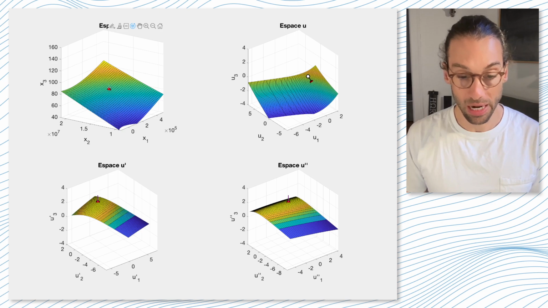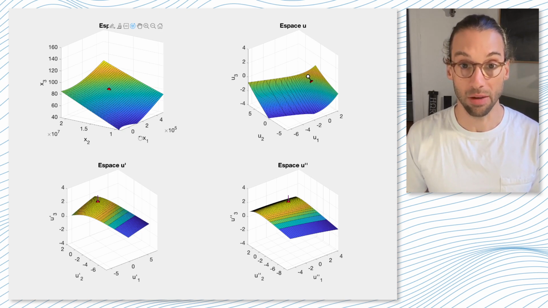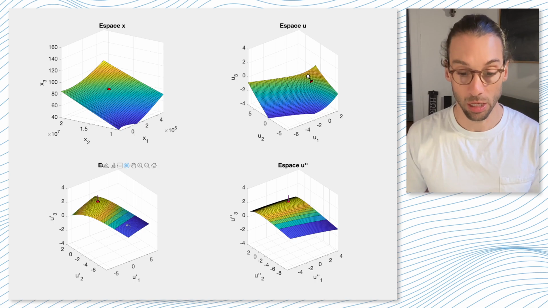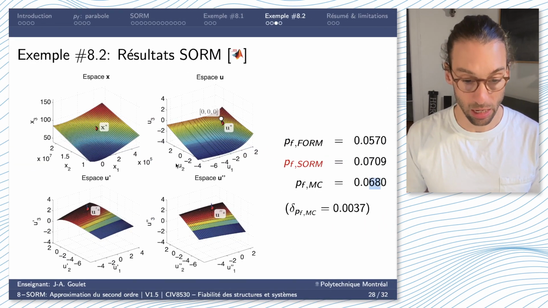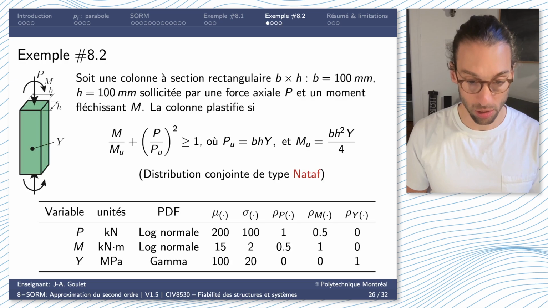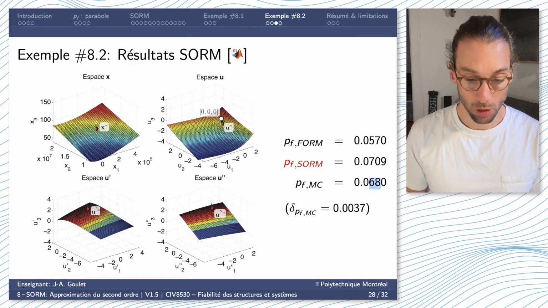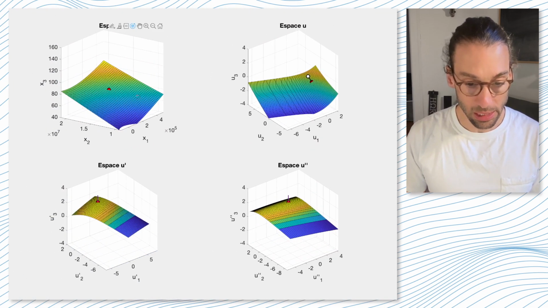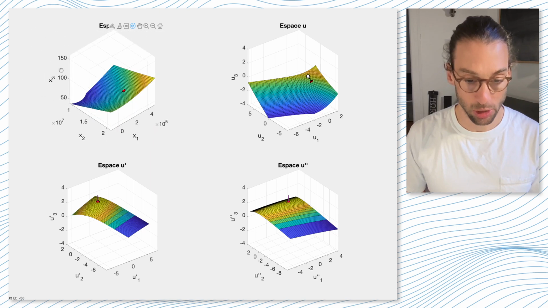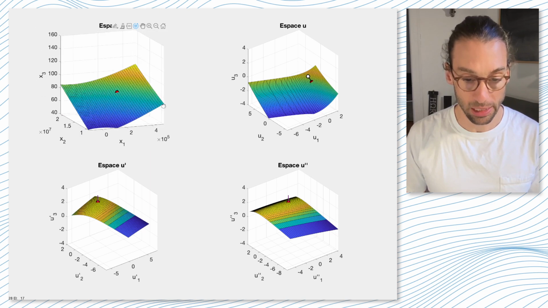This is going to be my design point in the original space. I have 3 dimensions, which, in terms of ordering, are P, M, and Y. So this is my original space, and this is my design point.